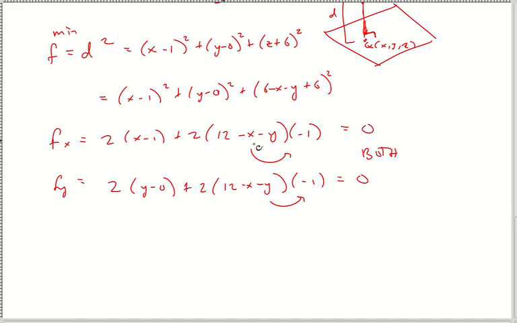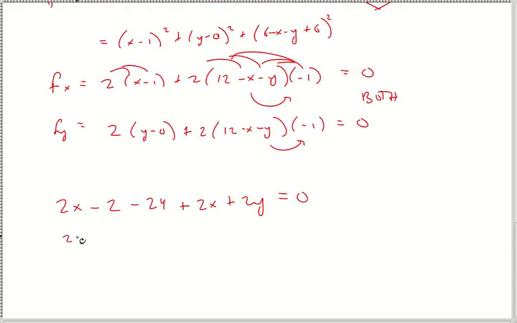So what I'm going to do is just basically write this thing out a little bit better. So distribute the 2. I'm going to distribute the negative and the 2. Same thing here. So I got 2x minus 2 plus, because again, I'm distributing a minus sign in there, right? Negative 24, positive 2x, positive 2y, and this should equal 0. The other one, 2y, get rid of that 0.